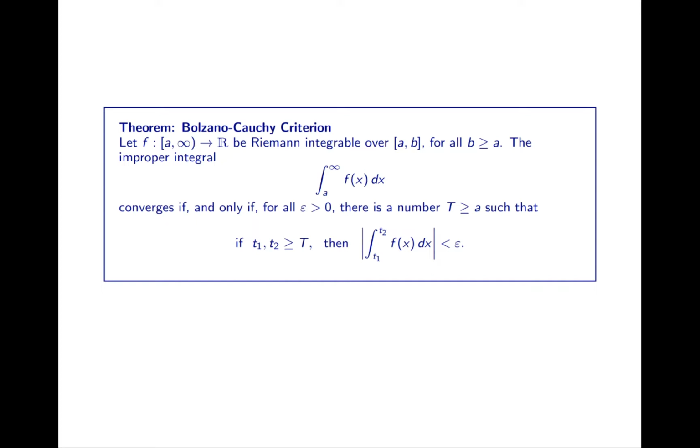Then the improper integral converges if and only if, for all epsilon, there's a big T such that any interval to the right of big T has an integral whose absolute value is less than epsilon. This is essentially saying that if an improper integral converges over an unbounded domain, then if I go far enough to the right, the area under the curve in magnitude must be arbitrarily small. That's all that this is saying.